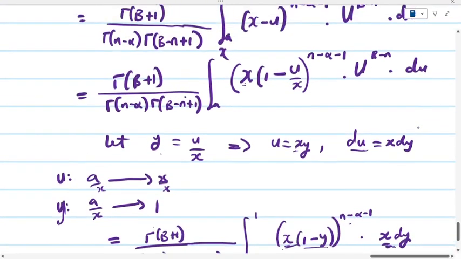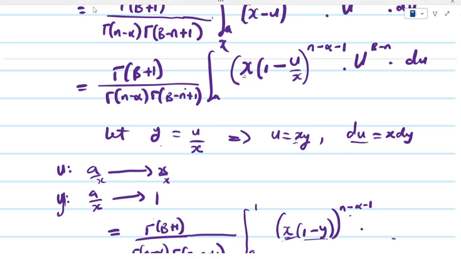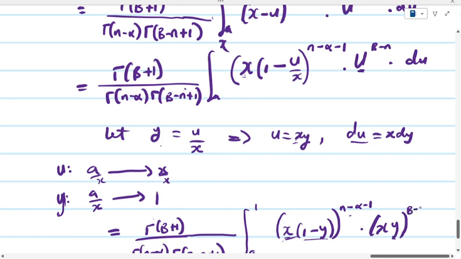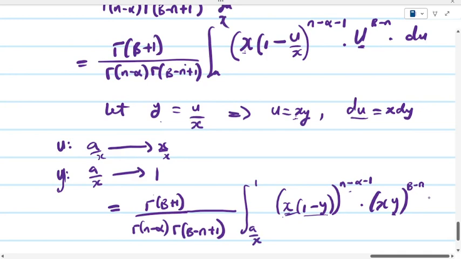So that means that we still have, let me take this away first, and don't forget our u is xy. So for this u, I'm going to have xy to the power b minus n, and then we have our du, which is x dy.